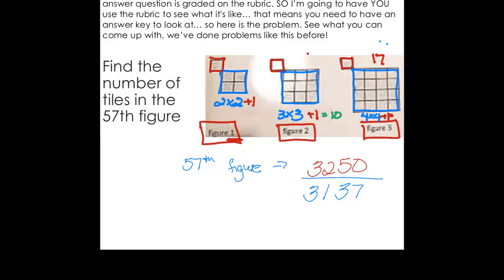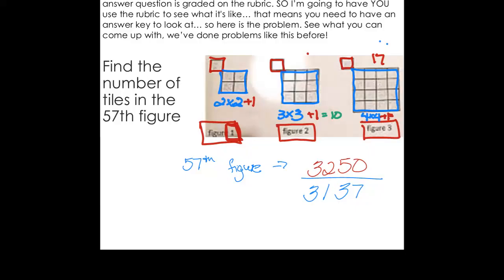How can I get from figure 1, because that's really the only number I have, to know that I can calculate the number of total squares based on that one number? How can I get from 1, looking at these squares, and see a pattern to get to the final number?